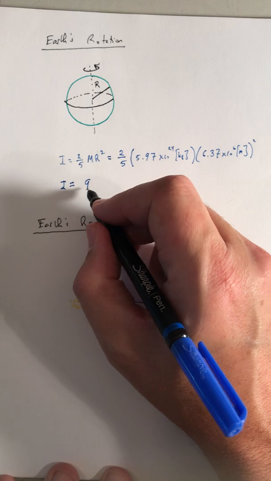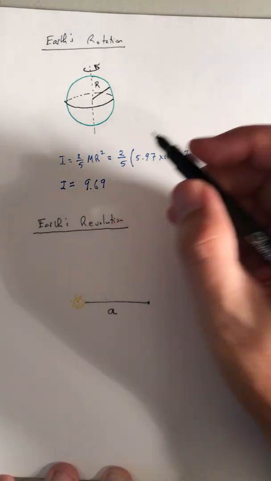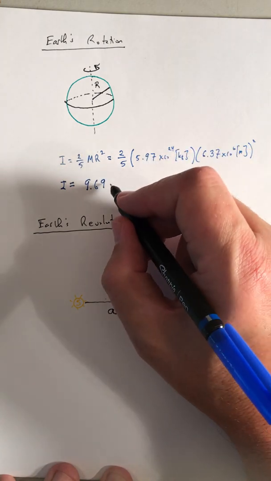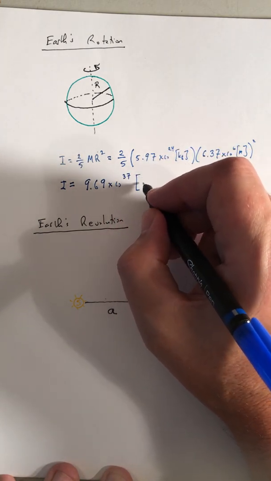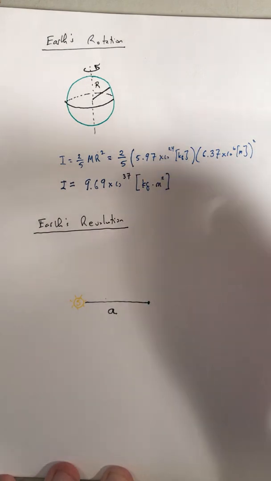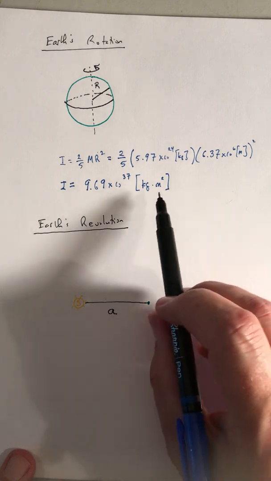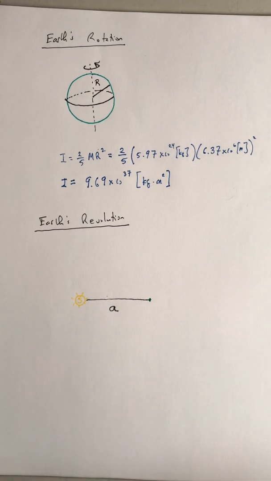So going about an axis through the Earth itself, 9.69 times 10 to the 37, and the units are going to be kilogram meter squared. We don't have a shorthand unit for that in MKS, but rotational inertia will be in kilogram meter squared.